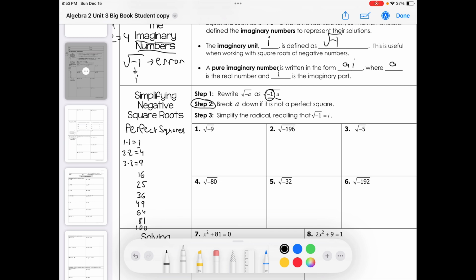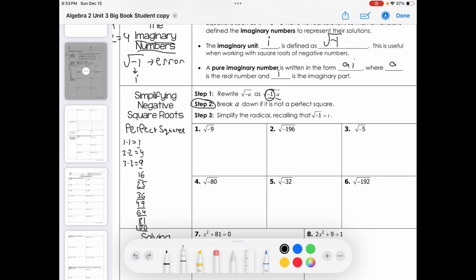These are the perfect square numbers. What we're going to be looking for is these numbers, or whether we can divide the numbers inside of these radicals by one of these numbers, because if we can, that will also help us.